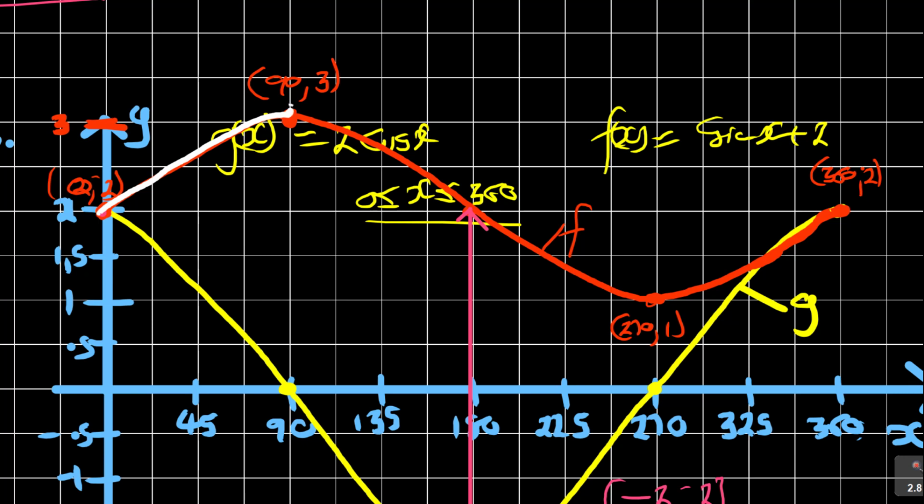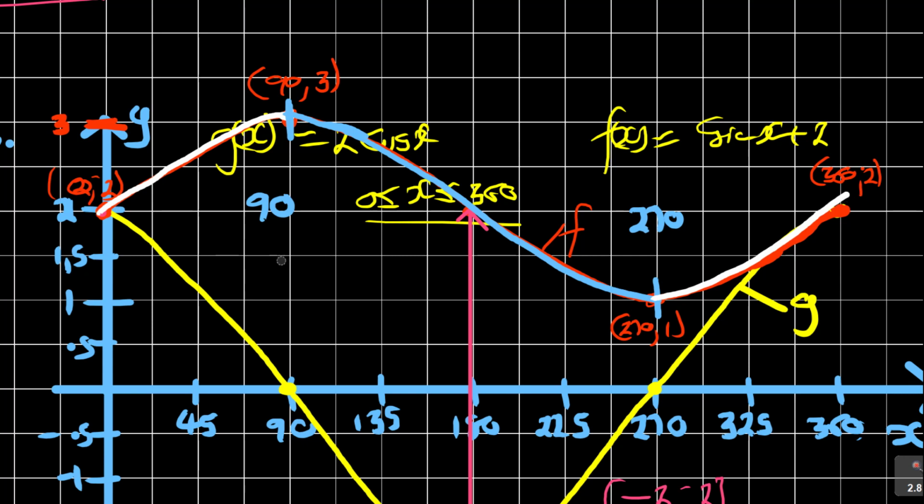It stops there and changes. From there, it starts going down. This is decreasing, so it starts from 90, going down until it stops at 270. And then to the right, it starts increasing.